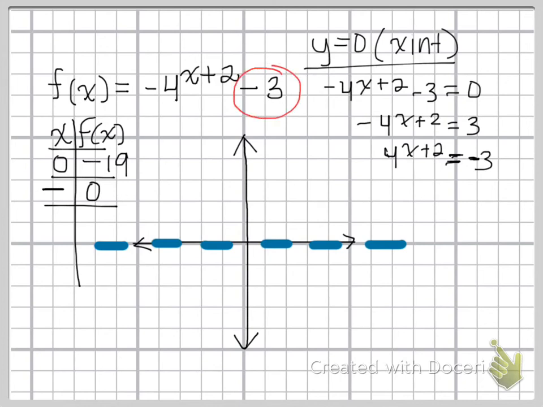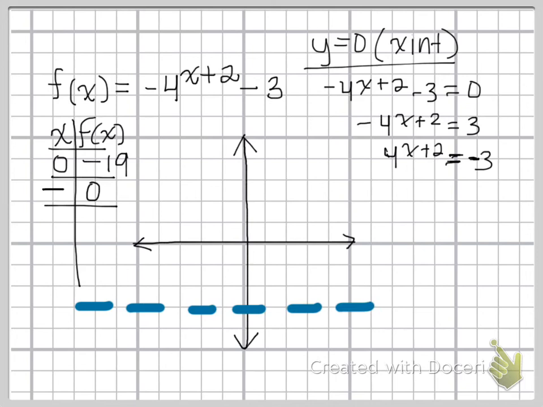So there is a vertical shift. There's also a horizontal shift, but that doesn't affect this asymptote. If I move the asymptote left to right, nothing changes. But if I move the asymptote up and down, that's going to create a change. So let's take this asymptote, and we will shift it down 3 units. 1, 2, 3. Based on this negative 3 here.